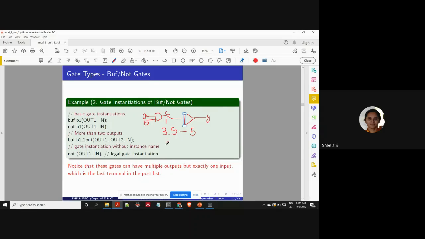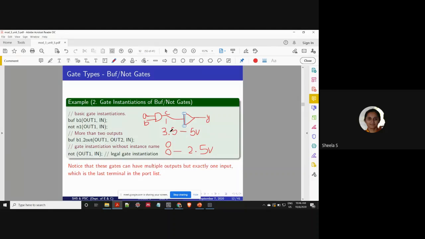For logic 0, it will consider values from 0 volts to around 2.5 volts. So let us consider these as the valid voltage levels for logic high as well as logic 0.